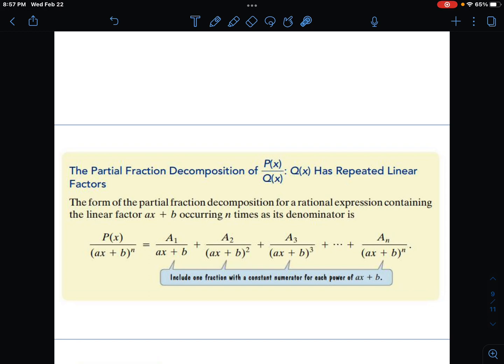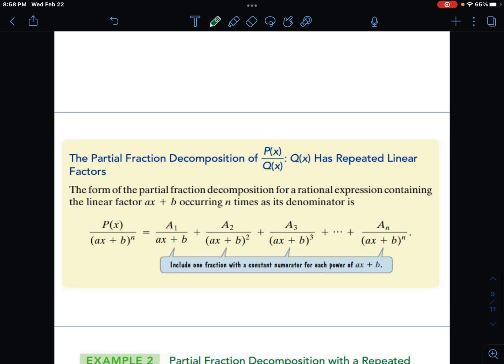If you have repeated linear factors, you're going to write out each and every one of these. For example, if you had x plus 2 over x minus 1 squared times x, okay, this is the same factor repeated 2 times.